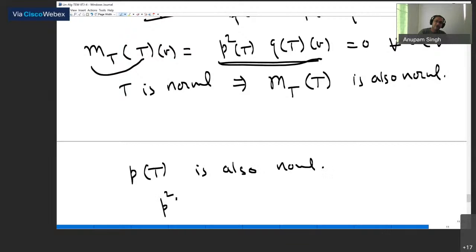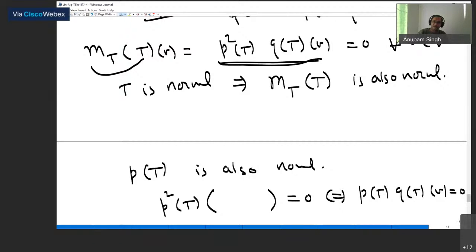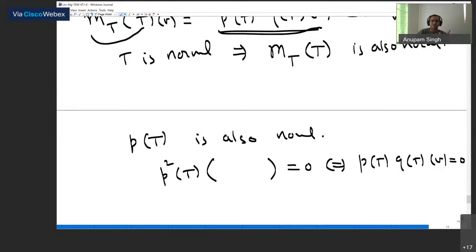and P^2(T) of something is 0 if and only if, this is what we proved, T^2 of something is 0, then if and only if T(v) is 0. The kernel of P^2(T) and the kernel of P(T) are the same. So this will mean that P(T) Q(T) of v is 0. I'm applying the previous property which I proved just now, that the kernel of T^2 is the same as the kernel of T. So instead of T, I am taking P(T) as my normal operator.